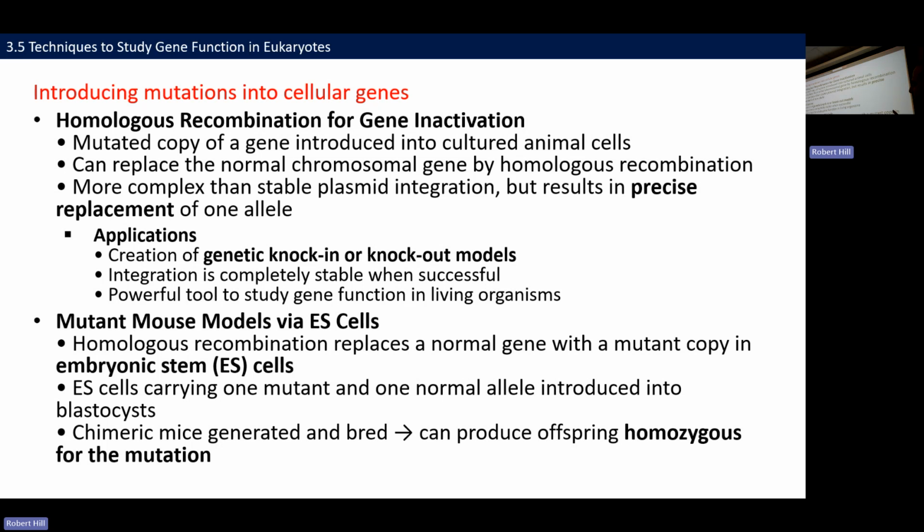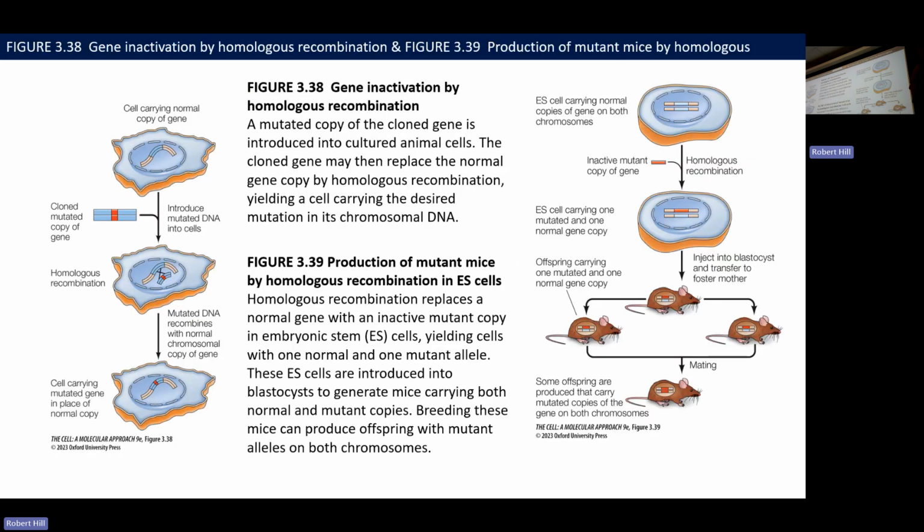So you can also use homologous recombination when working with embryonic stem cells. That's what this figure shows. Here you've got generic homologous recombination, inactivating the gene by introducing a mutation.